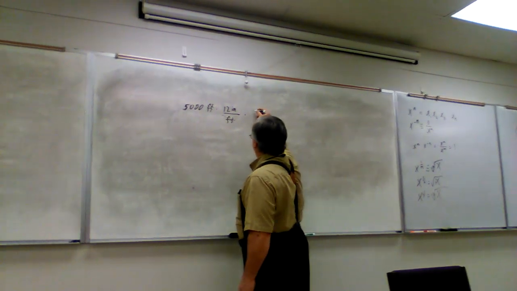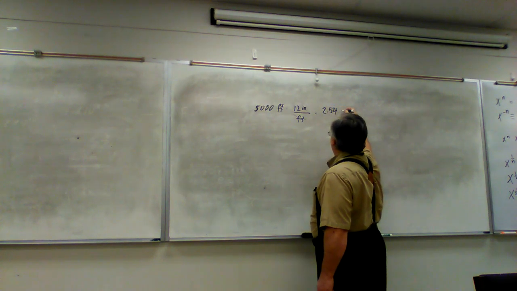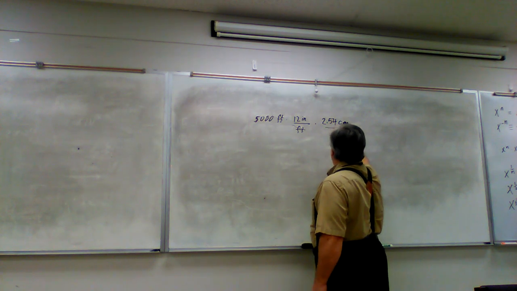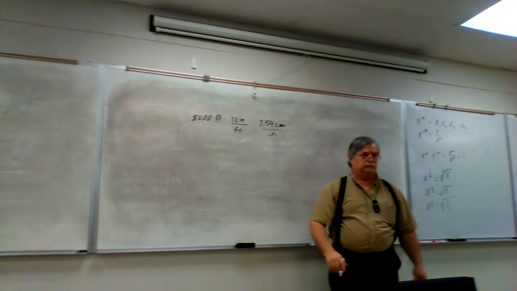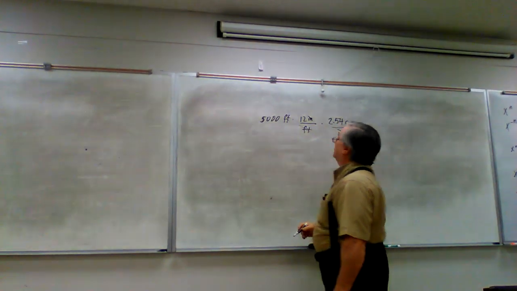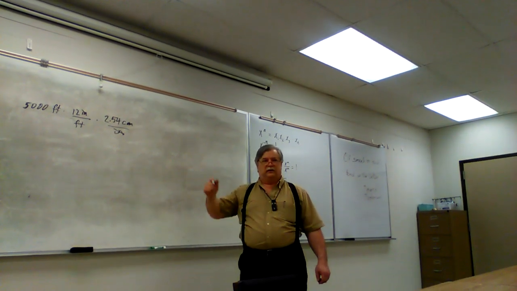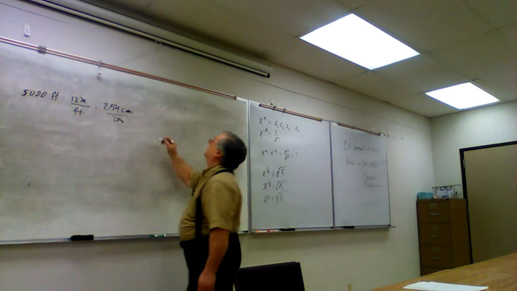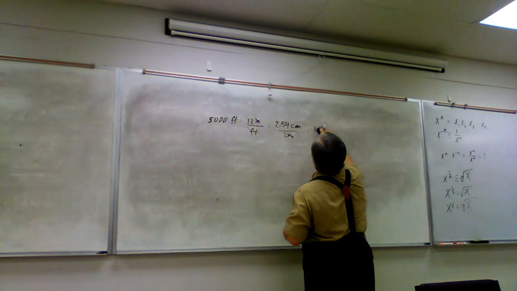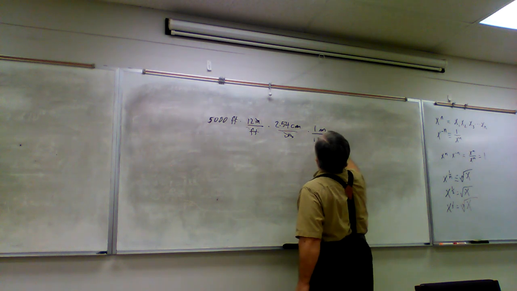But we also know that for every inch, we get 2.54 centimeters per inch. Well, now the inches cancel out. And we've got a number that is in terms of centimeters. We know that we get 1 meter for every 100 centimeters.